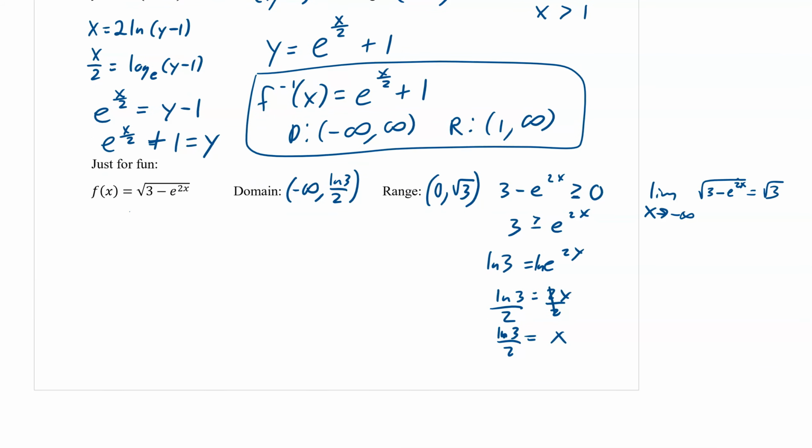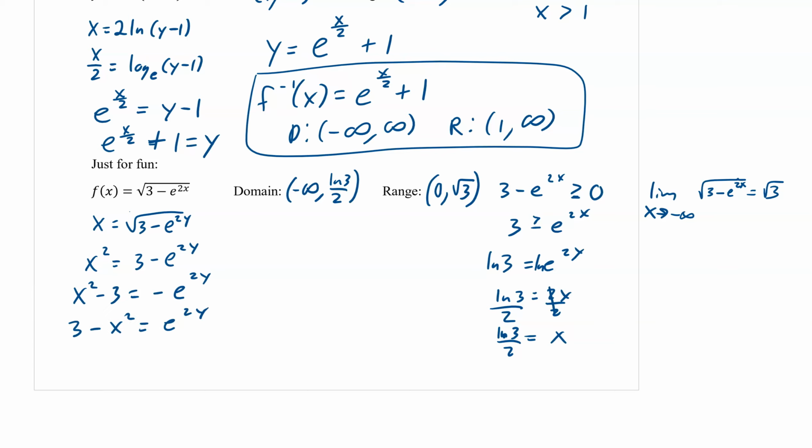Okay, now let's find our inverse. So first we switch our letters. We'll square both sides. And then we'll subtract 3. Divide both sides by negative 1. So this becomes 3 minus x squared. Natural log. I'm going to just put the e to the 2y.